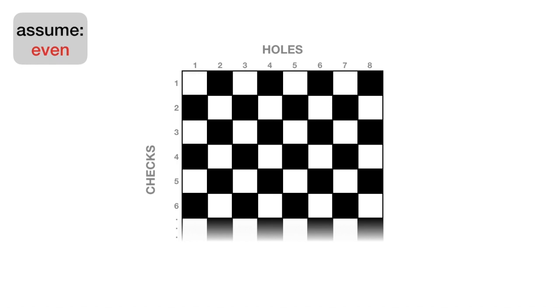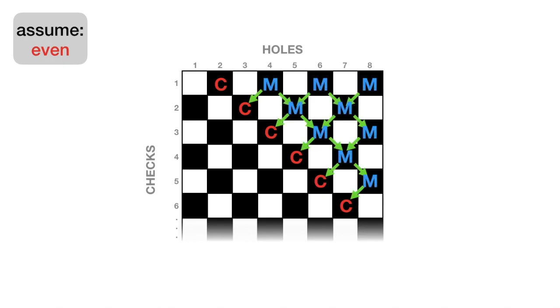Here's how. Place 6 C's in this diagonal pattern. A checker piece that starts on a black square must hit a C within 6 checks, no matter what path he takes. And of course, a mouse starting here would be caught immediately.